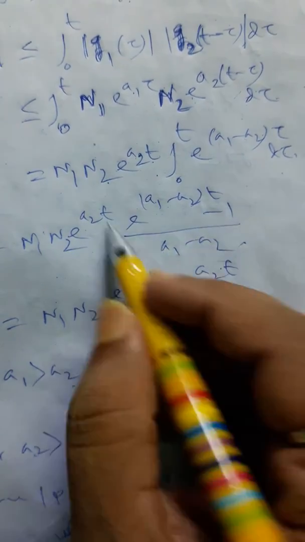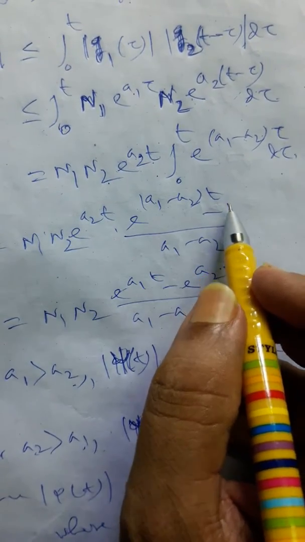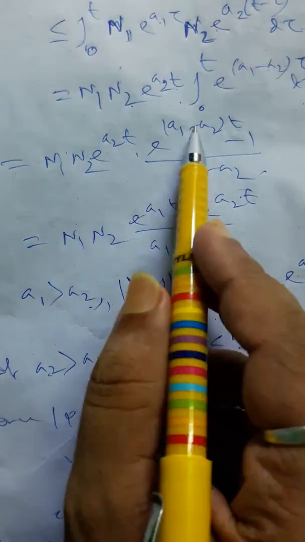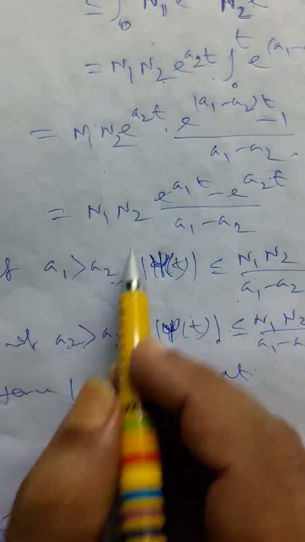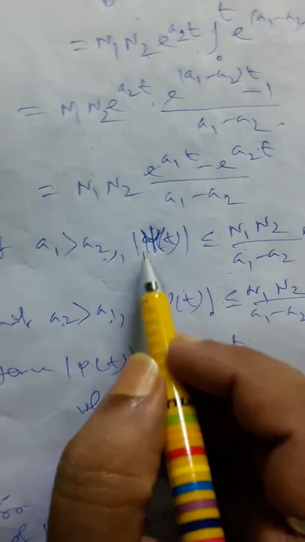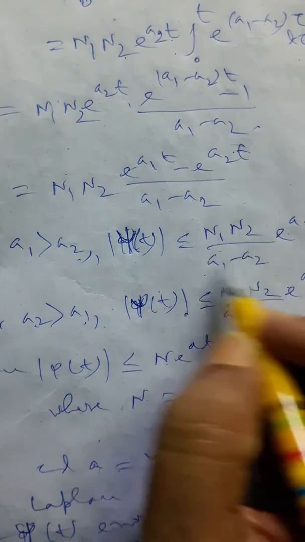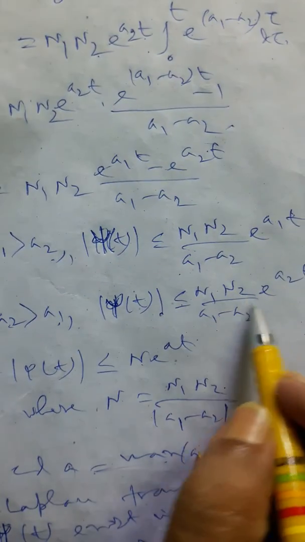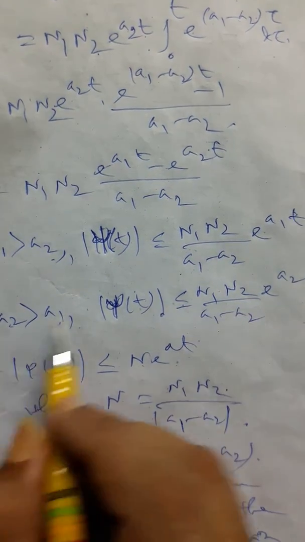Now after the integration we find this type of result, and multiplying these two, we get this. Now using the condition, if a1 is greater than a2, then mod psi(t) is less than or equal to this, because this term will be neglected, and similarly we get this result when a2 is greater than a1.